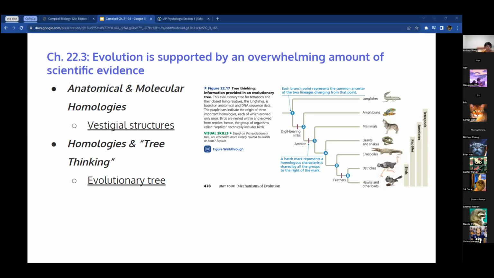The appendix is a vestigial structure. A lot of animals that eat vegetation have what's called a cecum. We also have a cecum, but it's much smaller. The cecum houses bacteria that can digest cellulose. Basically, the plant matter is put into the cecum to ferment.